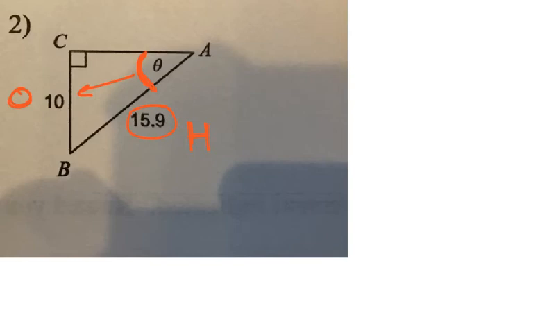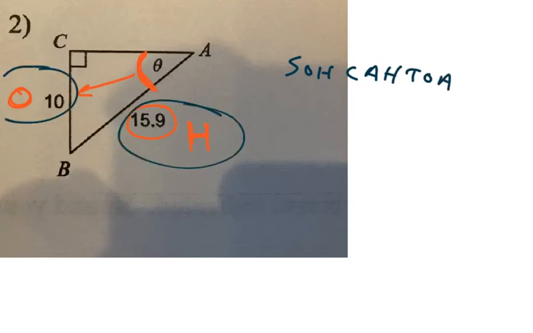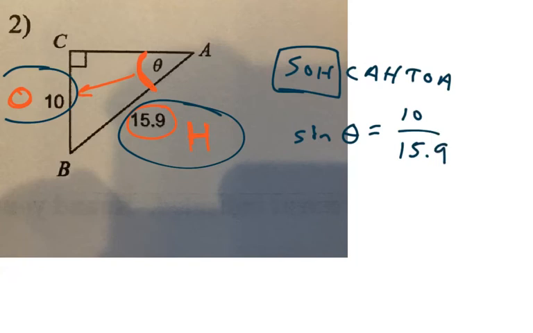And so, according to SOHCAHTOA, what uses O and H is sine. So we now know that the sine of theta has to be its opposite side divided by the hypotenuse.